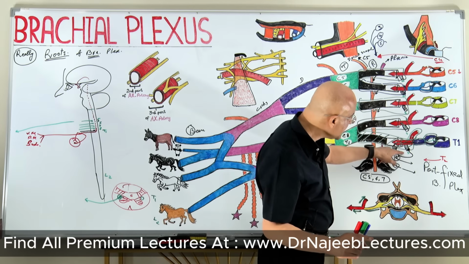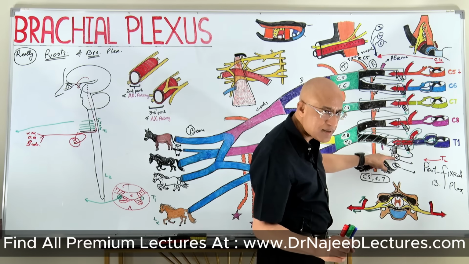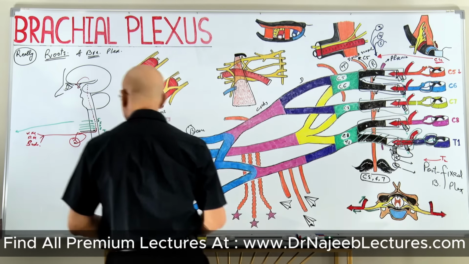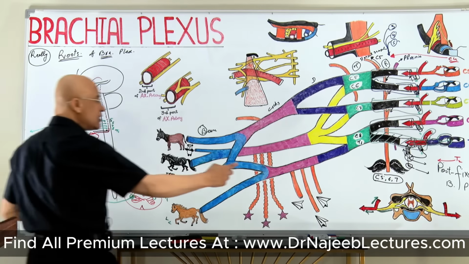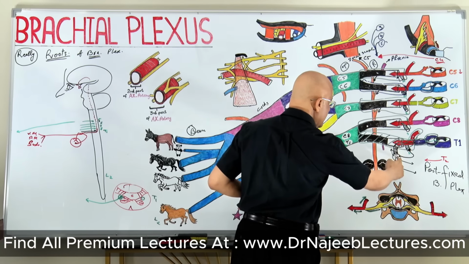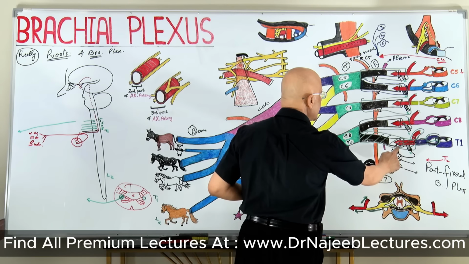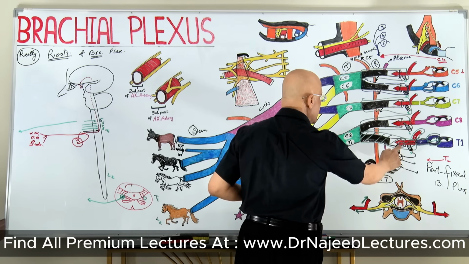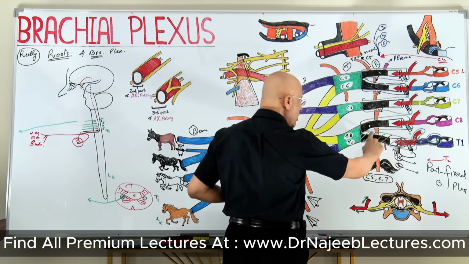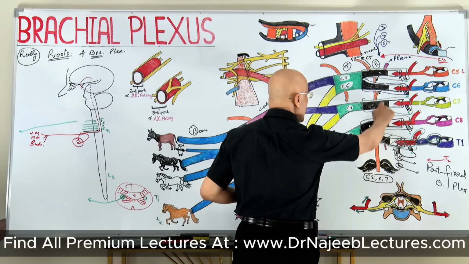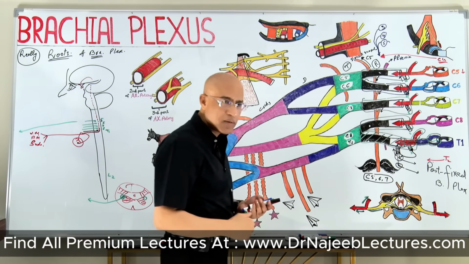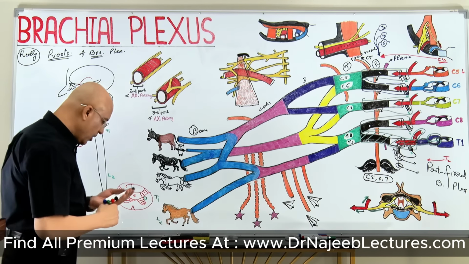But T8 has white rami communicant. Now, T1 has white ramus communicants. So this is something very special about the T1, and this is a unique thing which differentiates T1 root of brachial plexus from all other roots of the brachial plexus.